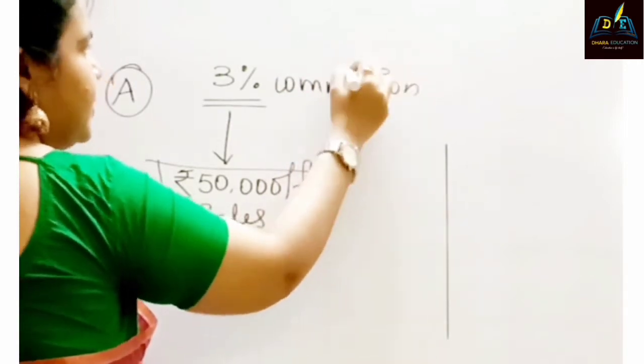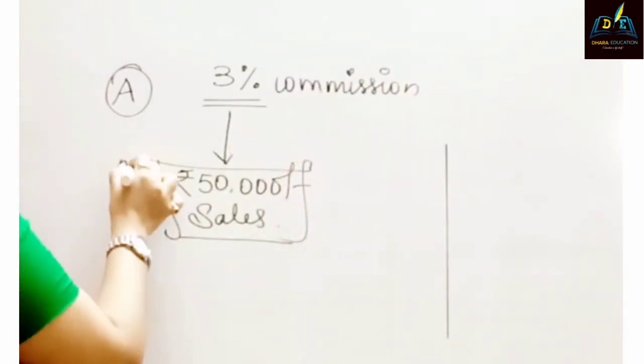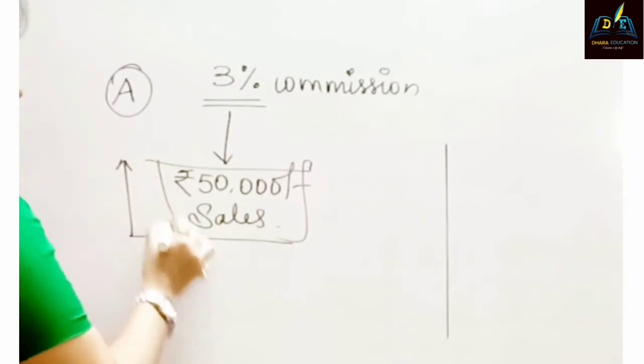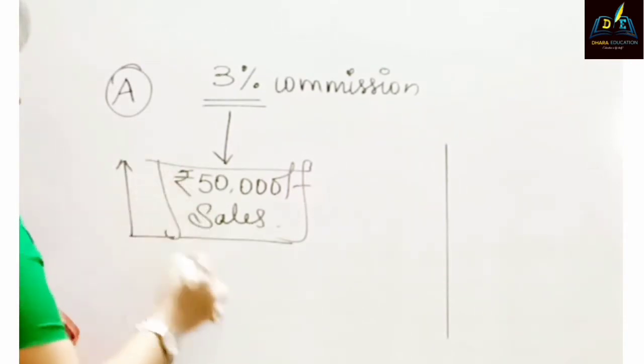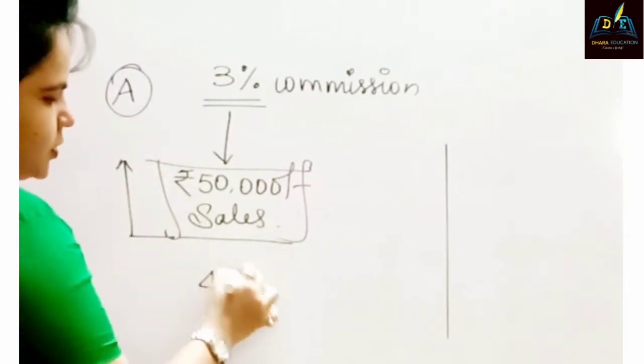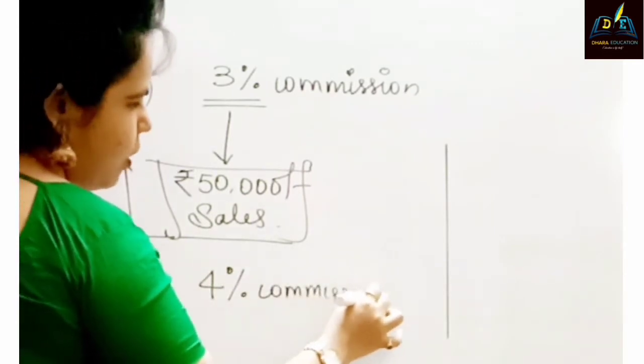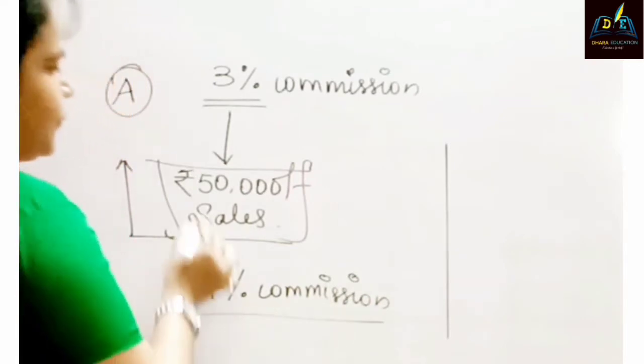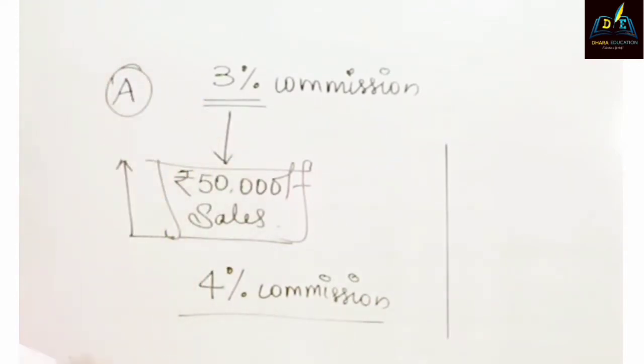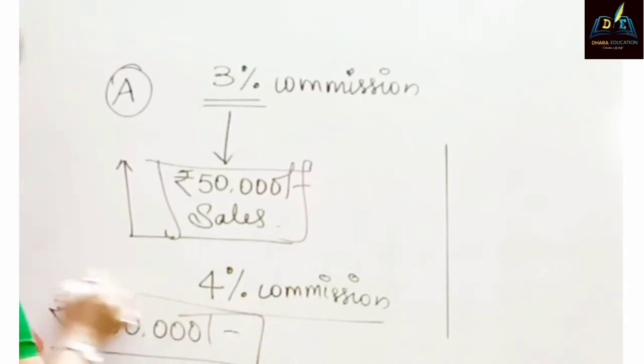On the other hand, if he crosses 50,000 in sales, he gets 4% commission above the 50,000 sales. So the question is asking, at rupees 2 lakh, how much commission he will get.